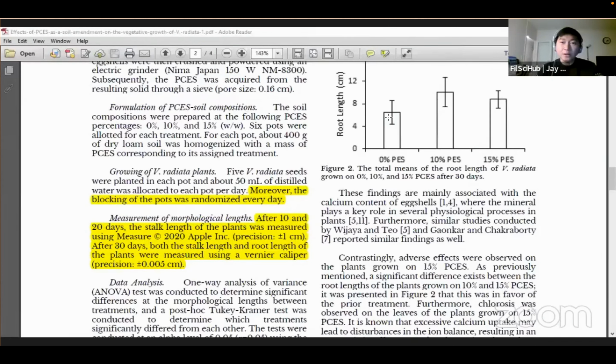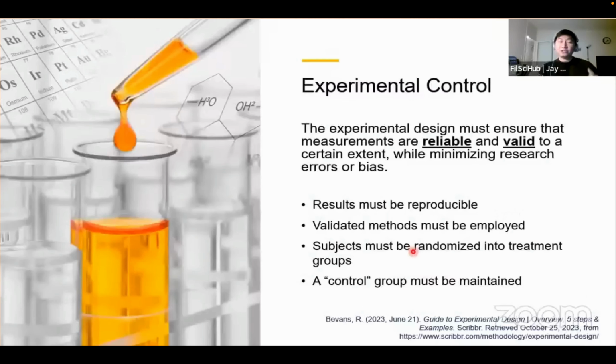So ganun po yung pag-carry out ng randomization, and umapasok na din po dito yung randomized block approach ng mga experiments natin, where we try to randomize our subjects into treatment groups, and we discussed that thoroughly during the design of experiments webinar in the research university.